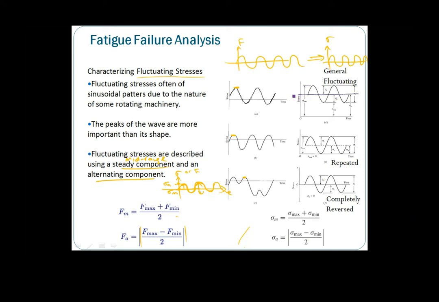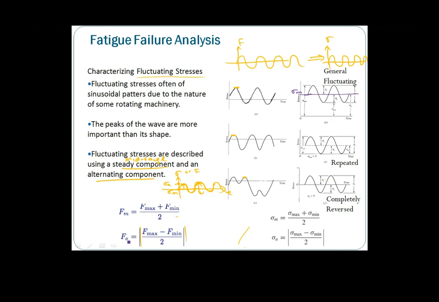This line itself is our sigma m, mid-range. To get our sigma m, it is maximum plus minimum, divided by 2. Right, so it happens here.